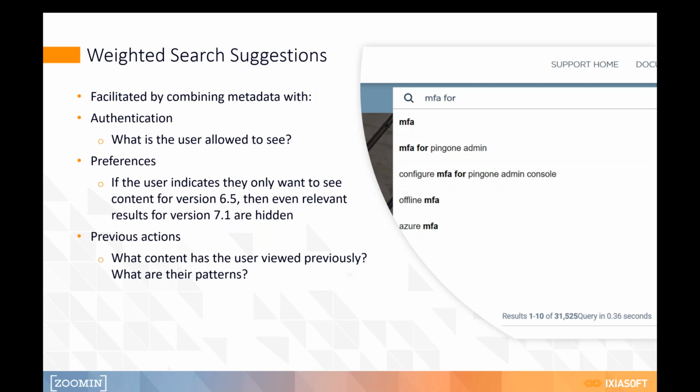So the next time I search for something, we want it to weight 6.5 higher because the system remembers that that's something I've looked for in the past. So these are different ways to render your metadata and taxonomy into weighted search.